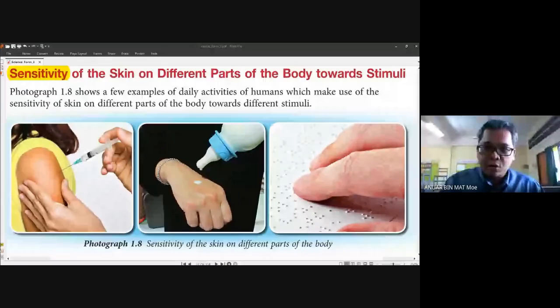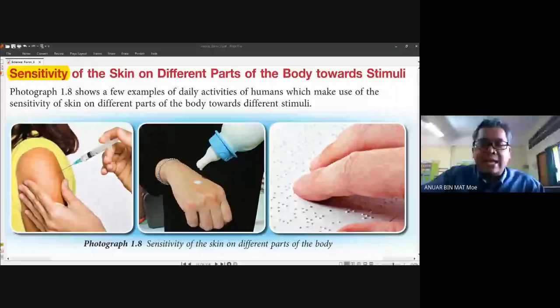Okay, some parts of the skin are less sensitive. Maybe when you touch you feel less pain, for example in the arm, kurang rasa sakit. Tapi kalau di tangan lebih rasa sakit. Itu contohlah, the example of sensitivity.